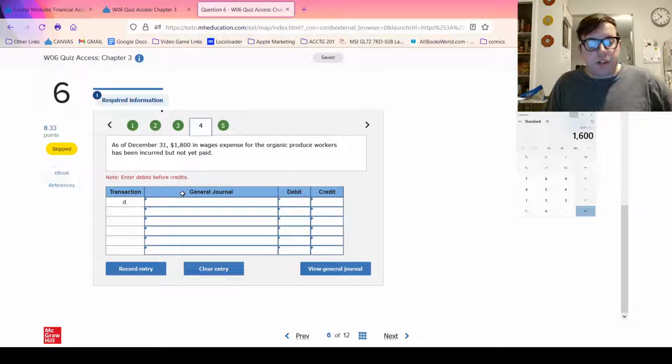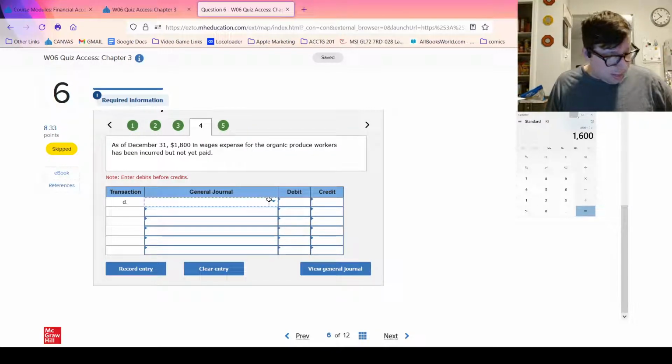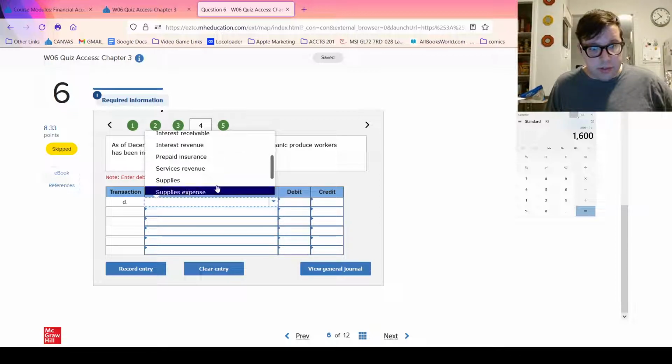On the fourth one, as of December 31st, $1,800 in wages expense for the organic produce workers has been incurred but not yet paid. So this is expense that's been built up but not yet paid. So it's just going to be this value here as of December 31st that has built up. And the way that we're going to represent that is it's a wage expense, and that account will be debited for $1,800.